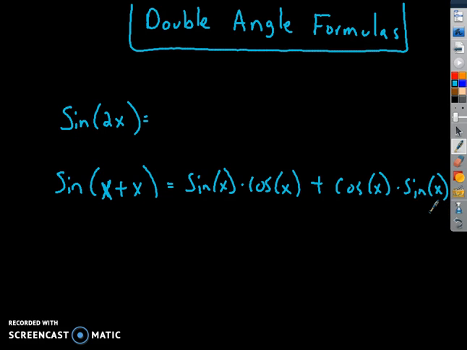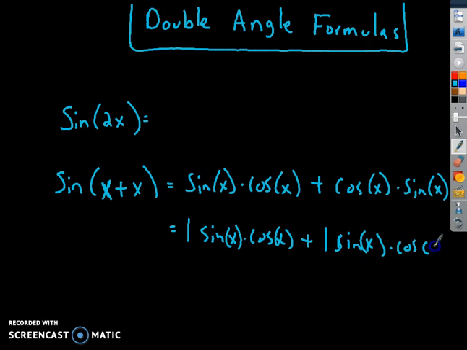If that's true, you might notice sine x times cosine x and cosine x times sine x are really the same thing. There's a little understood 1 in front, so it's 1 sine x cosine x, and this is also plus 1 more sine x cosine x.